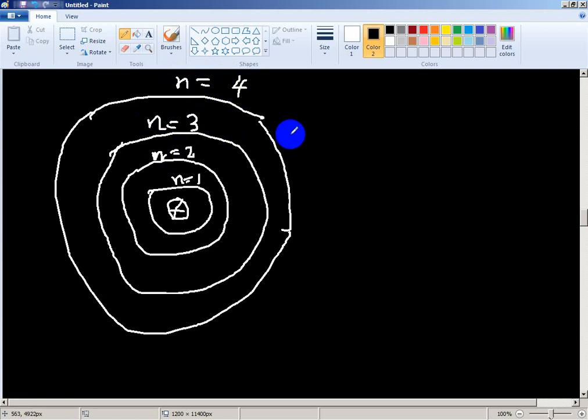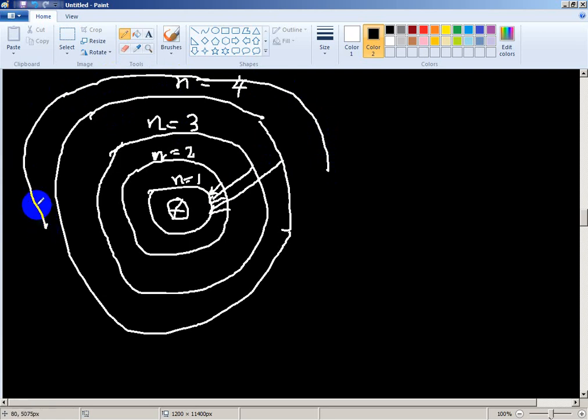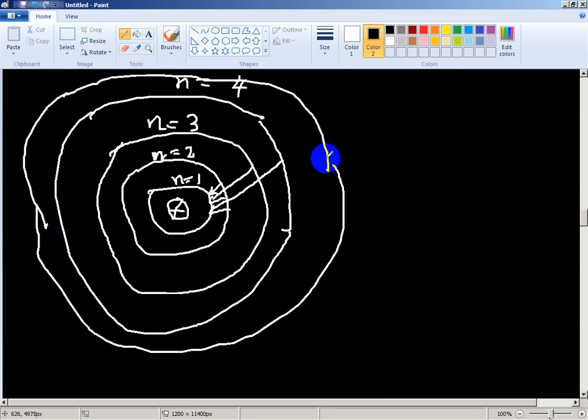When electron transitions occur from the higher energy level, from n2 to n1, n3 to 1, 4 to 1, 5 to 1, this combination of colors formed is called a spectrum.